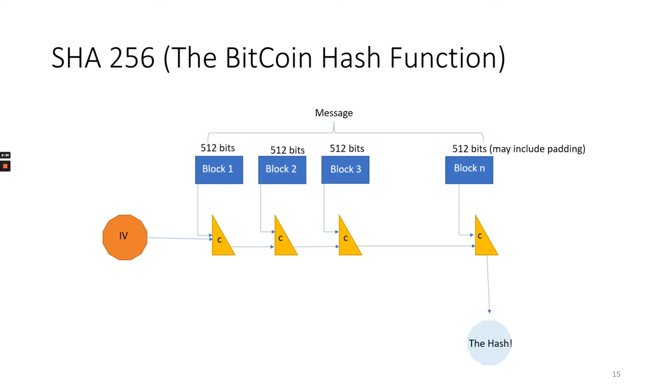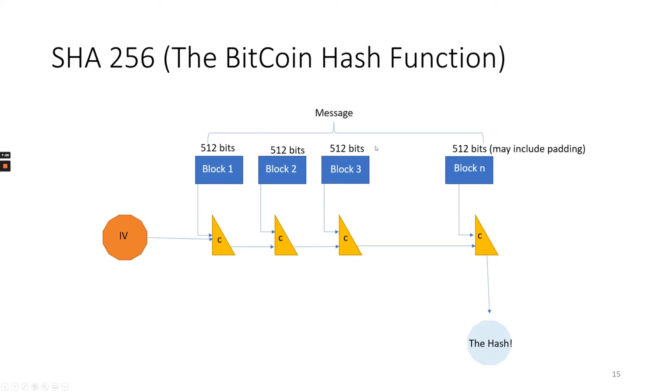Of course, the message might not always be a direct multiple of 512 bits, which would mean that the last block would need some sort of padding. So we split up the message into blocks of length 512 bits, padding the last block if necessary to make it 512 bits as well.